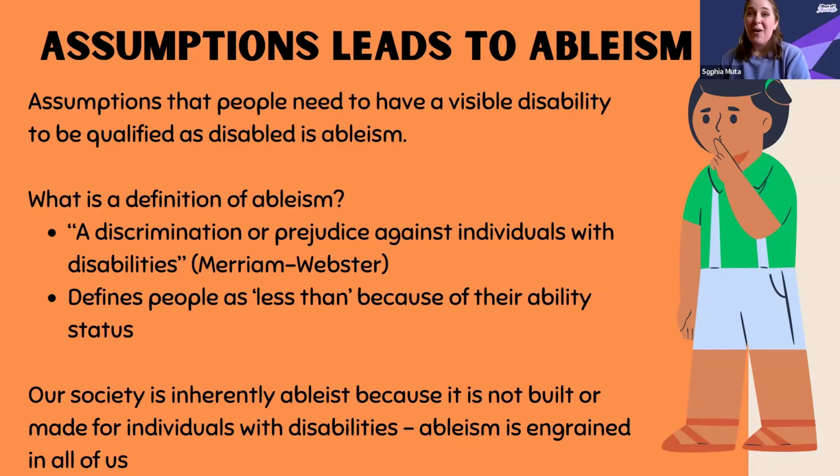Because it's not built or made for individuals with disabilities of any kind, right? So ableism is ingrained in all of us, in all of the things that we are doing. Oftentimes, people with non-apparent disabilities feel like they have to prove that they have a disability in order to be seen as enough or disabled enough, which we will talk about in a later slide.